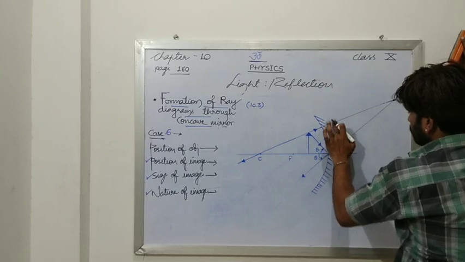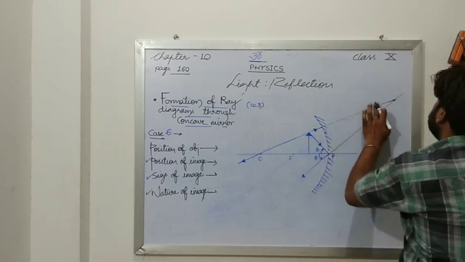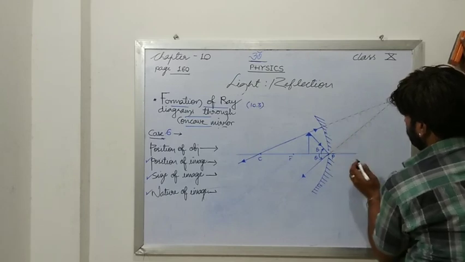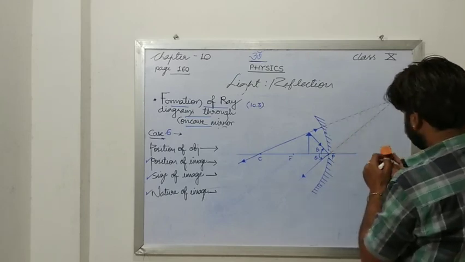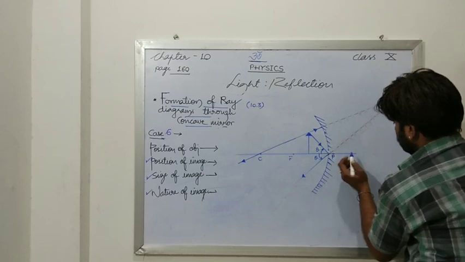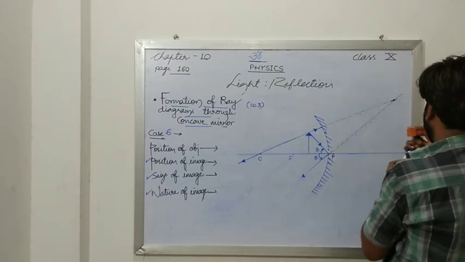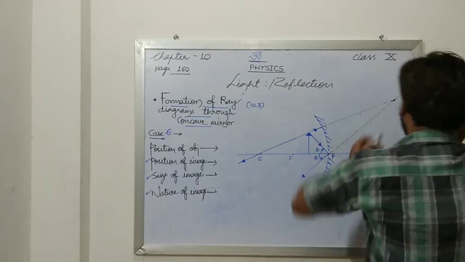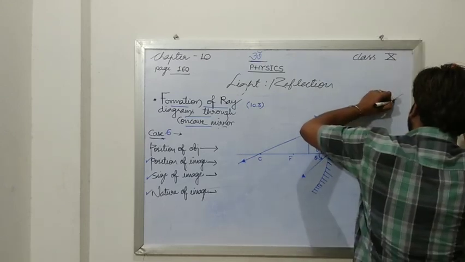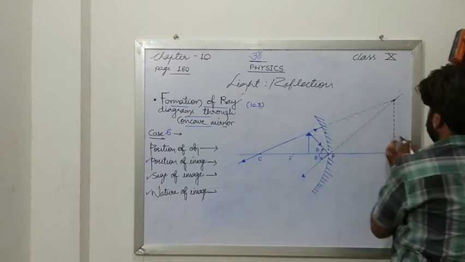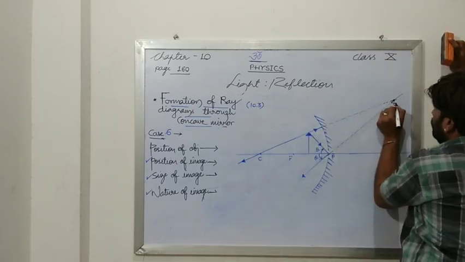These are going to be dashed lines because they are behind the mirror. No problem. If I extend this principal axis like this, then we will have the position of the image here, like this. Are you getting it? This is the position of the image.